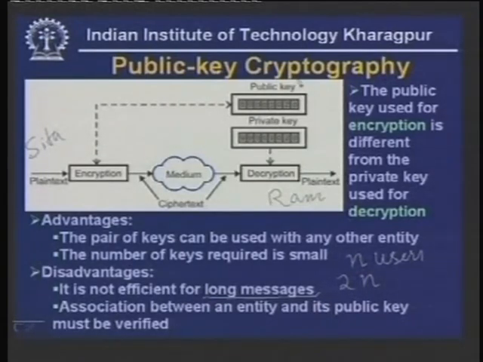This public key is received maybe through a network, so whether it is coming from RAM or from an imposter has to be verified, otherwise this will fail. This verification has to be performed before using the key for encryption.